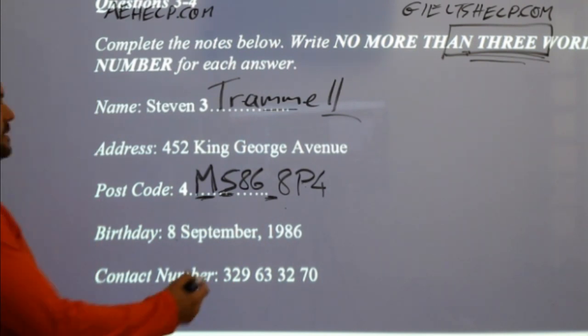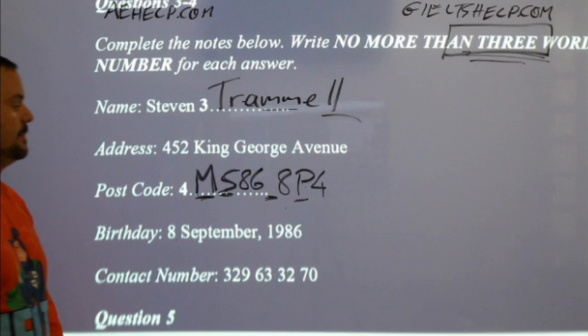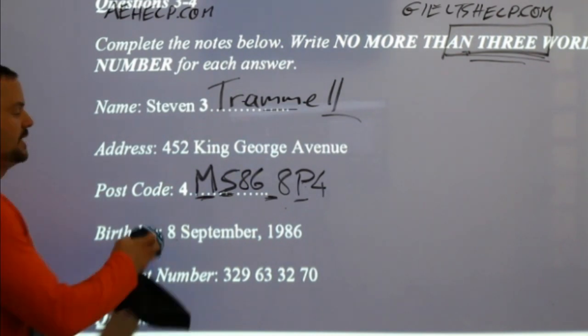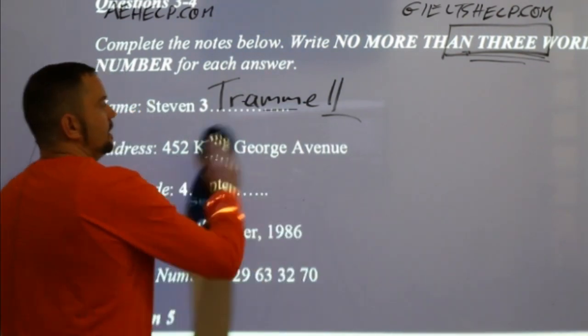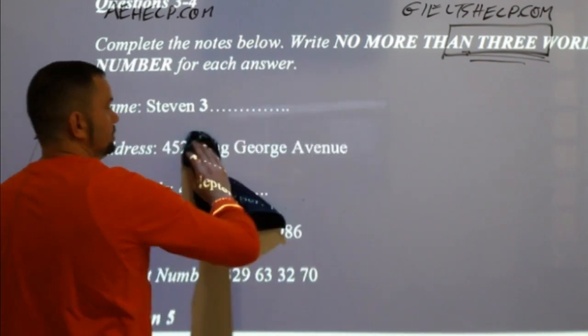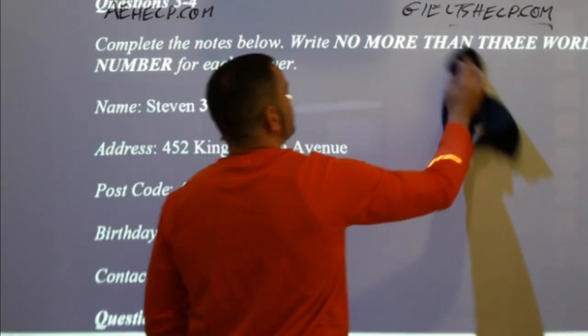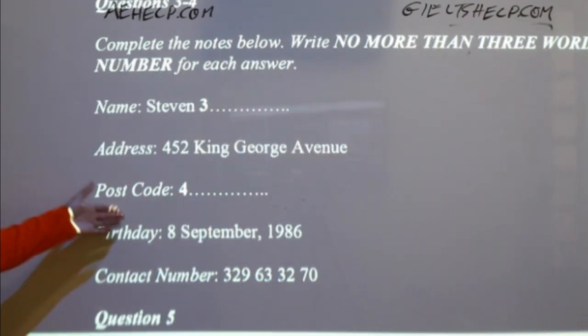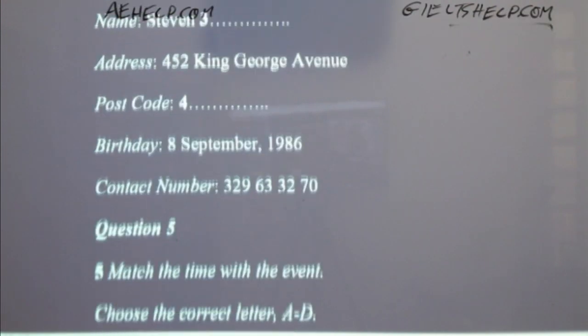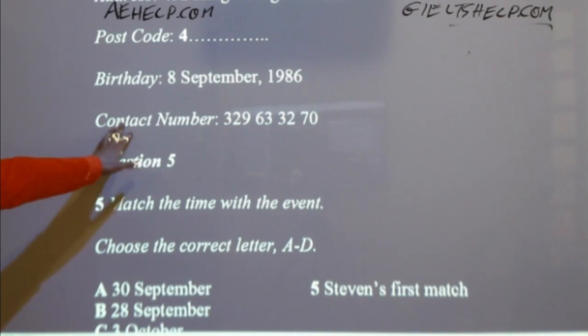Big P, make it nice and clear. So MS 868P4, fantastic. And then he gives his birthday, 8th of September, 1986. He gives his contact phone number.